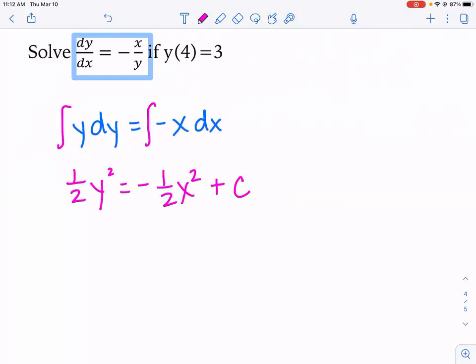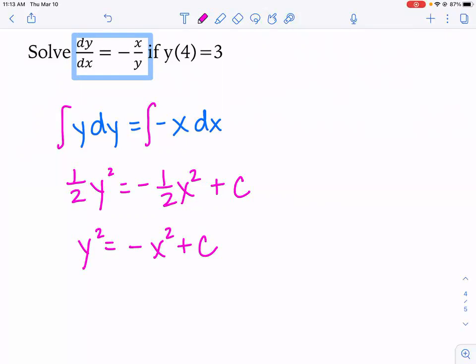All right. What's our next move? I heard nothing. Multiply by 2. And remember, 2 times a constant is still a constant. So it's not the same constant, but it's still a constant. So we'll just call it C.